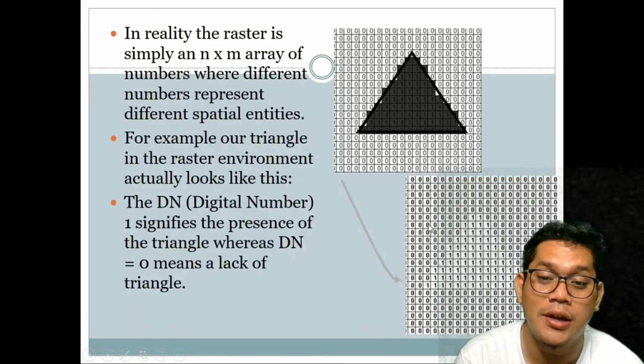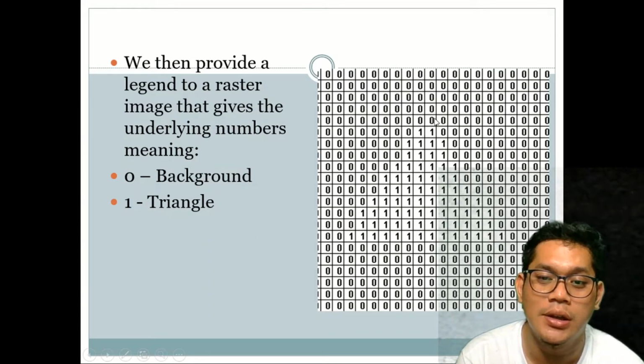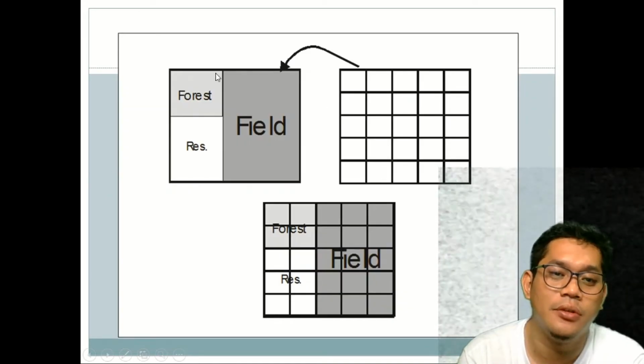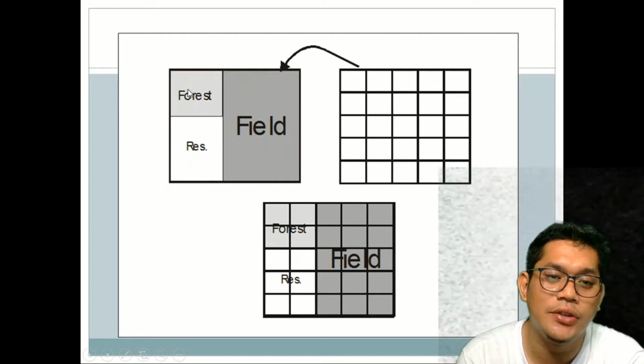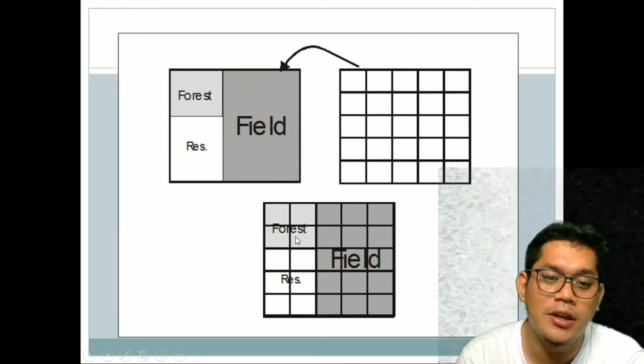This is how the computer understands it. Then we provide a legend for the raster so that we can understand it: 0 is the background and 1 is a triangle. So from here you can understand this is the triangle shape, and the 0 class is the background. In the real world, if features like this land use are put into the raster, it becomes something like this.